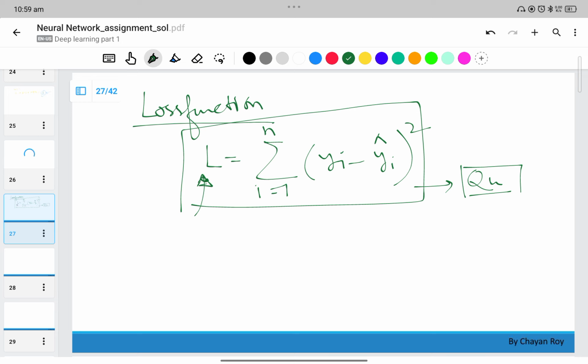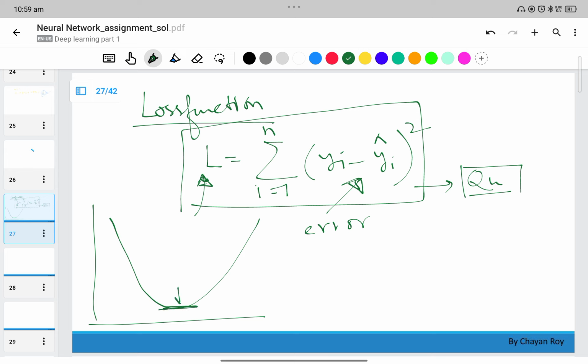As we know, this is the output. We want to minimize our error. This is called the error, and we want to minimize it so that whatever our model predicts is the perfect one.